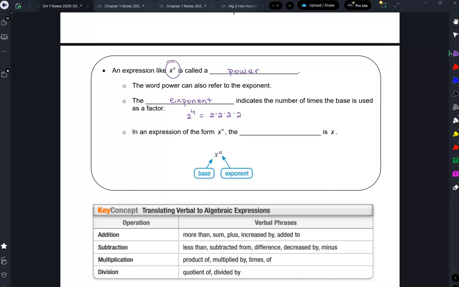Each of these 2's is a factor. There are 4 factors, and that's because of the exponent of 4. So if I have x to the n, x is called the base.